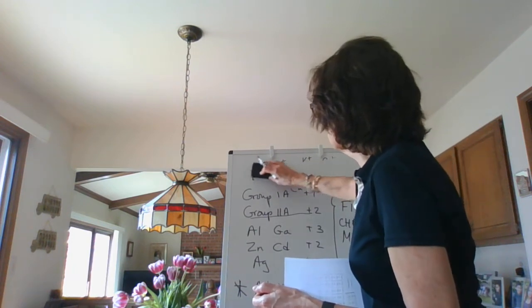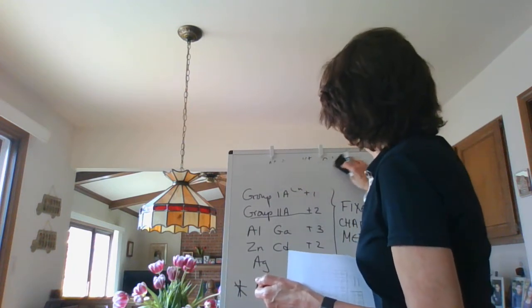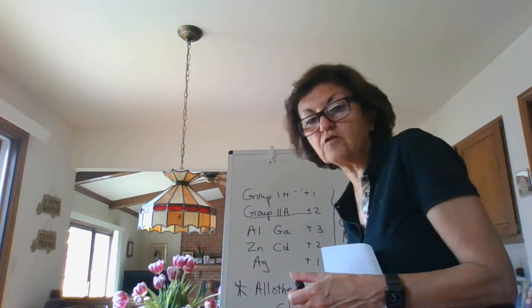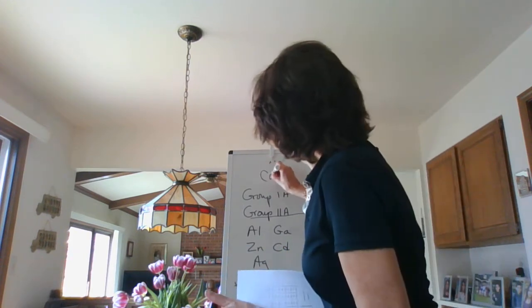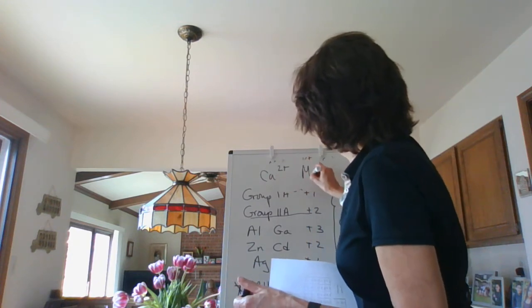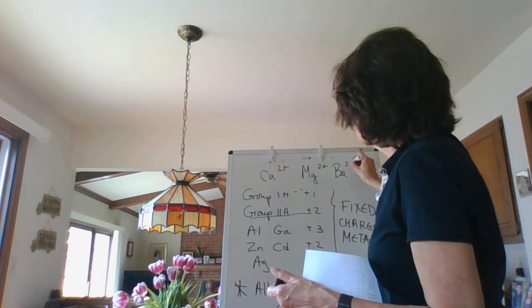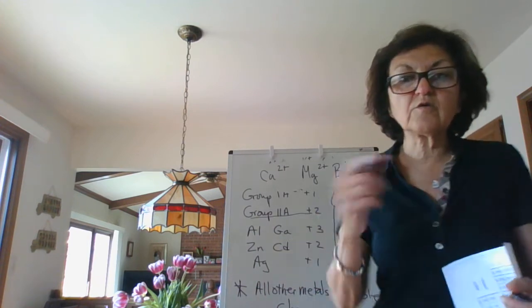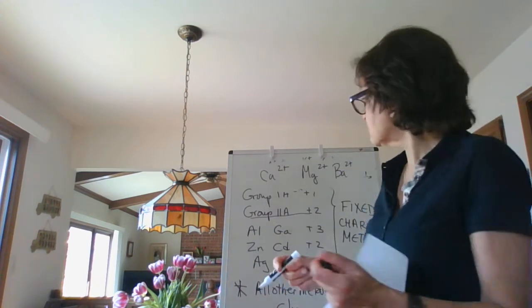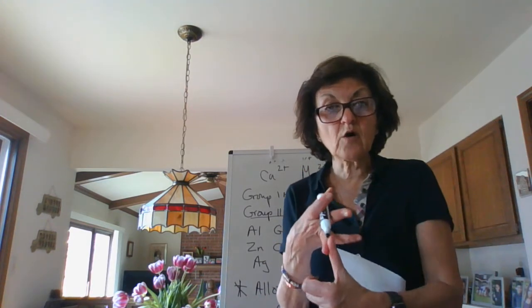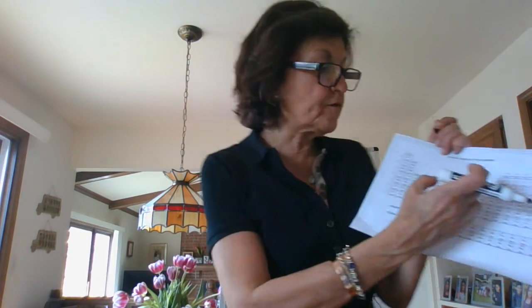It's looking really crowded. Kind of wish I had a bigger whiteboard, but this will have to do. Calcium, always +2. Magnesium, +2. Barium, +2. Notice I put the 2 and then I put the plus after it. So group 1A, always +1. Group 2A, always +2.